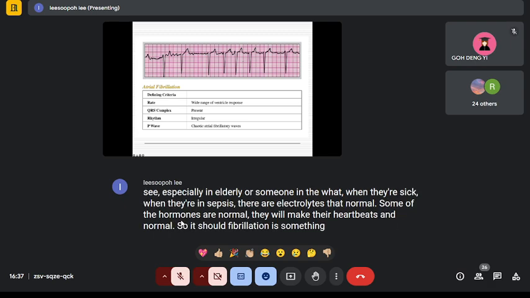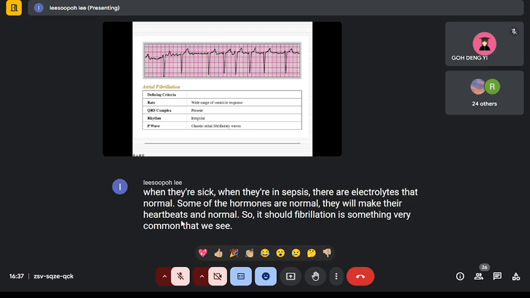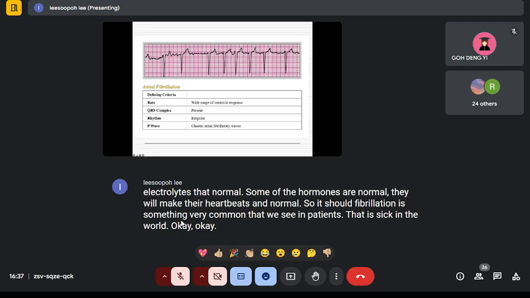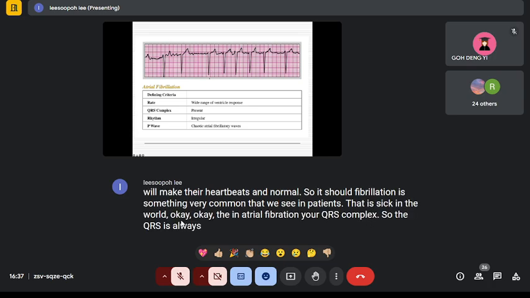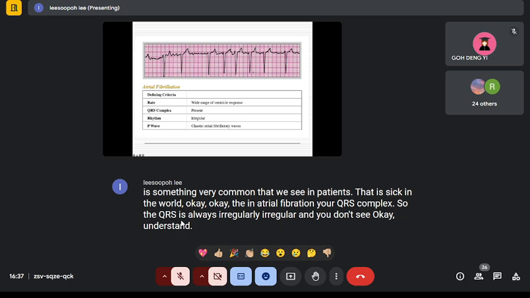So atrial fibrillation is something very common that we see in patients that are sick in the ward. Okay, again, in atrial fibrillation, the QRS complex is always irregular, and you don't see P wave. Okay, understand? Understand.